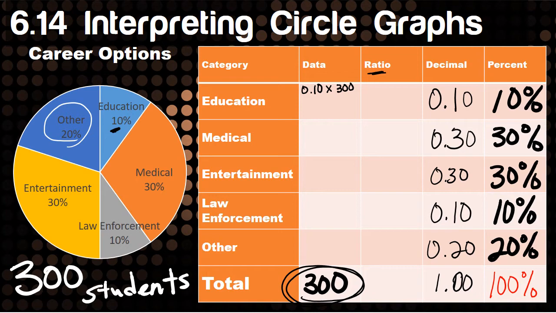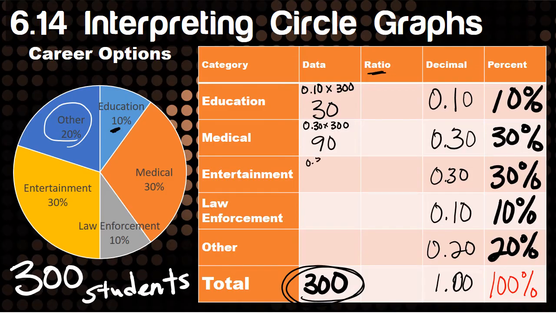So 0.1 times 300 gives us 30 students who chose education. For our medical folks, 0.30 times 300. Make sure you write this in your notes because it'll be useful information when you do your classwork. So our total for medical is 90 students.